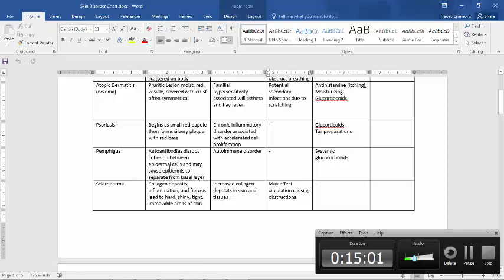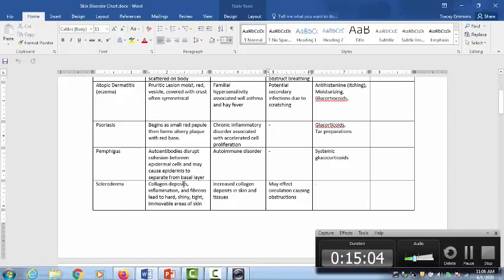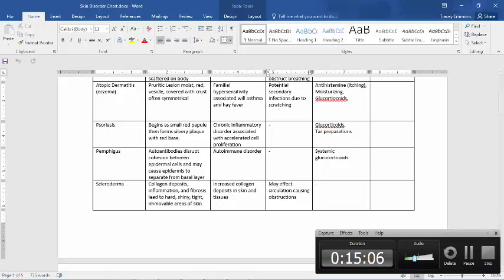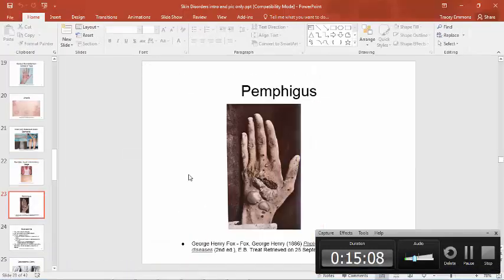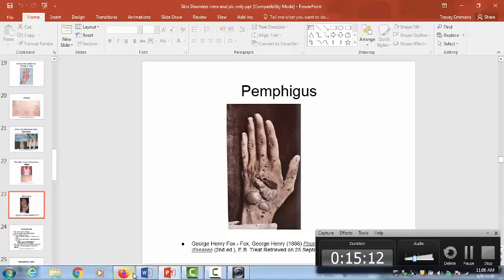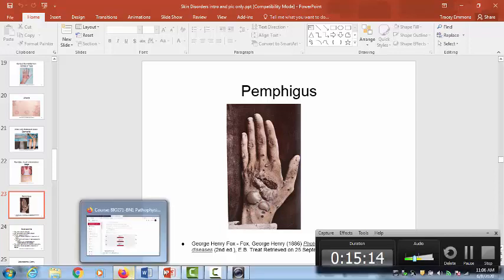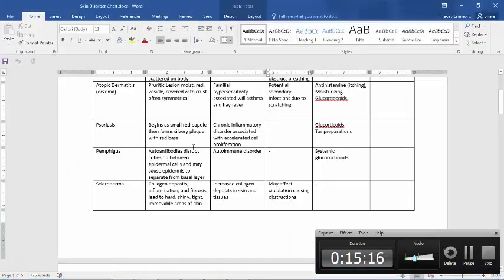Pemphigus is the next one. Let's see for the picture. We can see here where they have these large lesions, and the skin's raised up. This is an autoimmune disorder where the antibodies disrupt the cohesion between the cells in the epidermis.